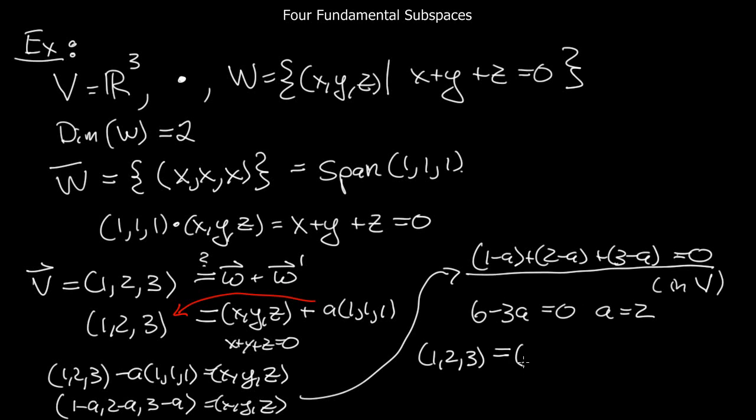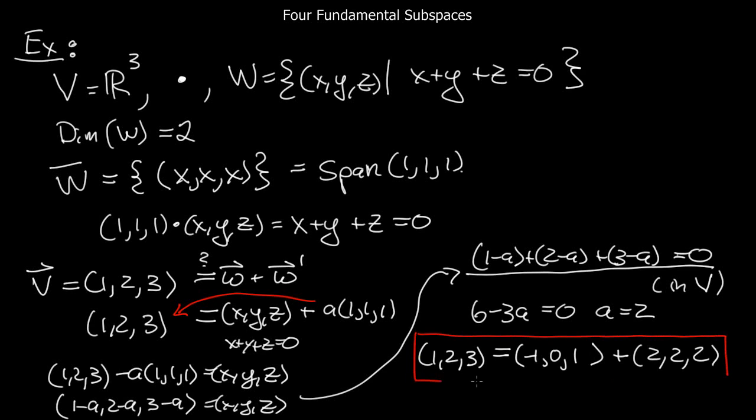So I conclude that 1, 2, 3 is equal to something plus 2, 2, 2. And if you just do the subtraction, you'll see that the something is minus 1, 0, 1, and indeed those coordinates do add up to 0. So that's an example of a vector being written uniquely as a vector in W plus a vector in W perp.